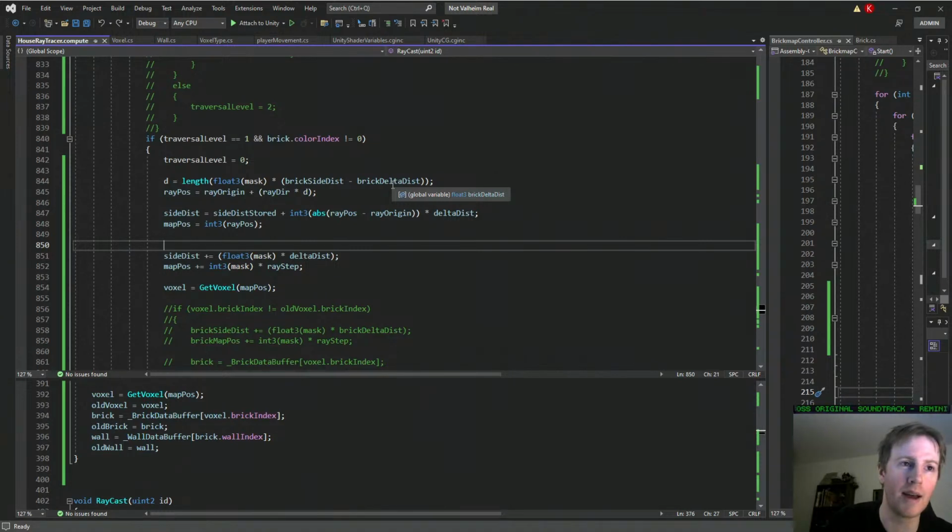And then I should just have to add that to our original side dist and multiply it up by delta dist, because if we move one to the right, then we add the x delta dist. So if that is accurate, then that's what I should have to do. Right? Like, it makes no sense. That's why it's so annoying. It's so stupid.